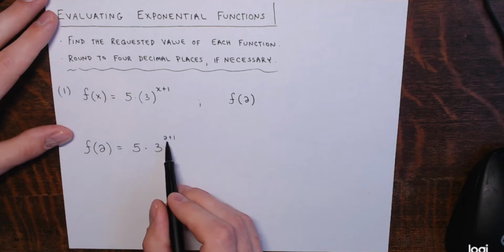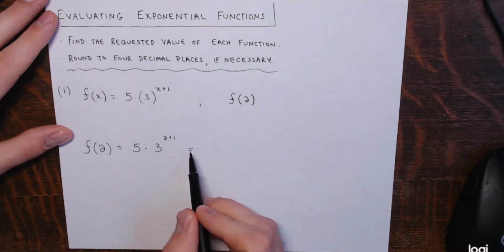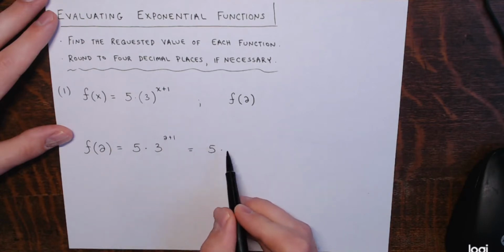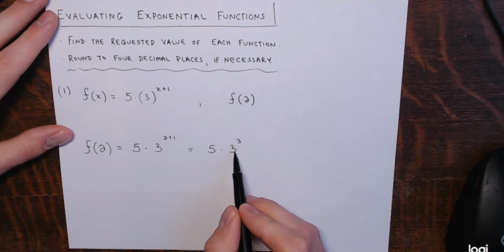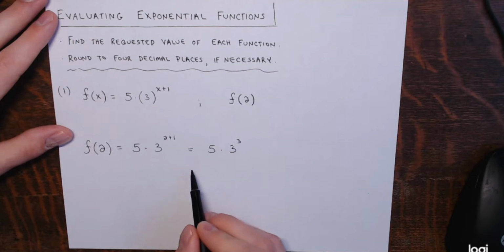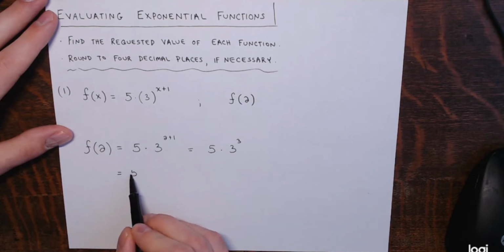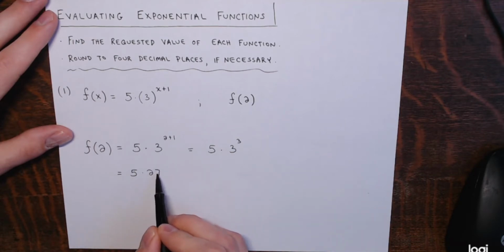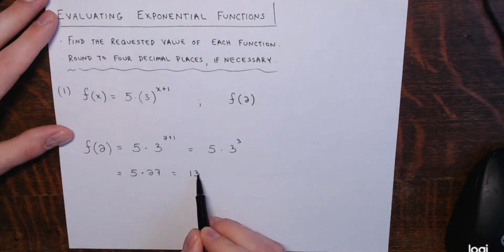Simplifying that power, that's 3 to the third, right? 5 times 3 to the third power. Now remember, 3 to the third is 3 times 3 times 3. That's 27. So we have 5 times 27, and that's 135.